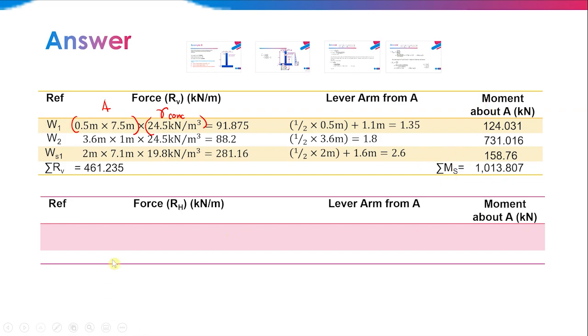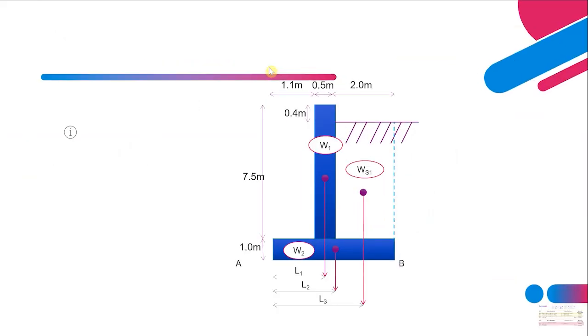Okay, and then kita akan buat for horizontal forces. For horizontal forces, we know that this is what we call soil. Bila dia adalah soil, kita kena dapatkan KA ni. Okay, ataupun dalam Rankine theory tu, sebab ini adalah pressure due to granular material.